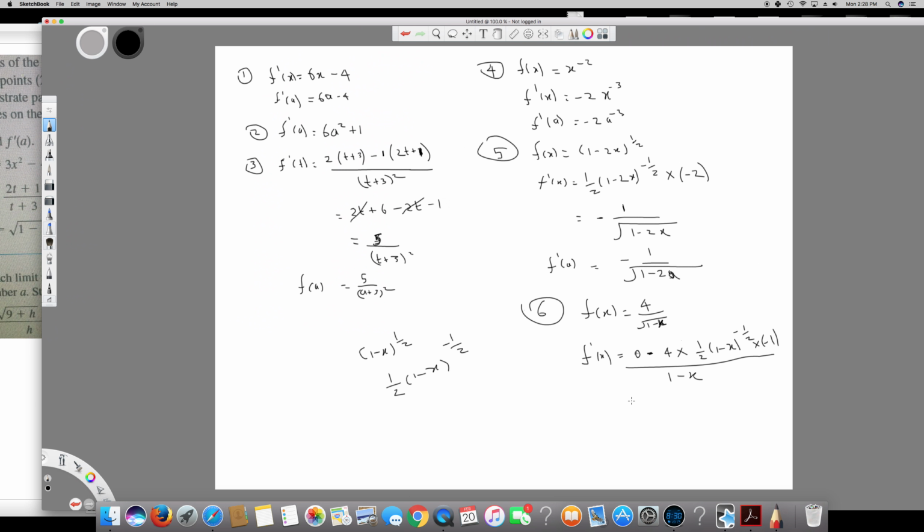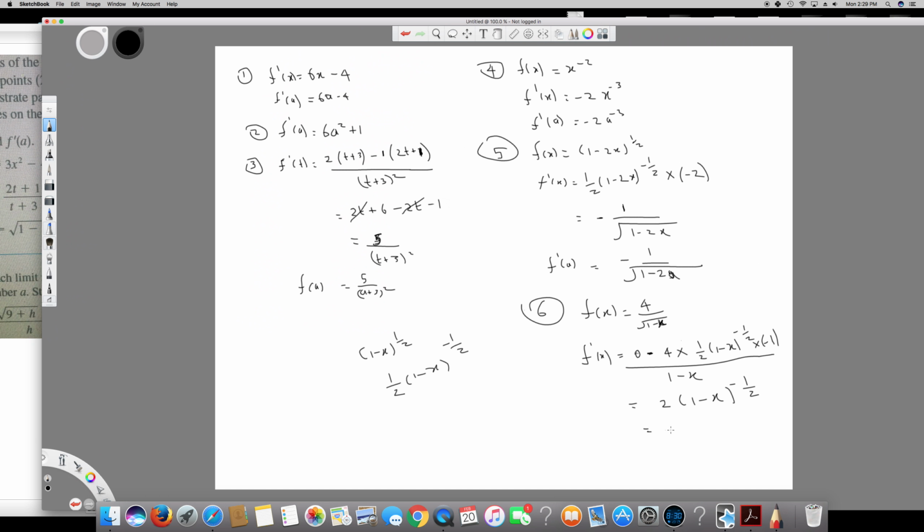Let's see what we can do after this. It's going to be minus 4 times half, so 4 cancels and becomes minus 2, right? If I multiply the minus 2 by minus 1, it's going to be plus 2. Plus 2 times 1 minus x to the power of minus half.